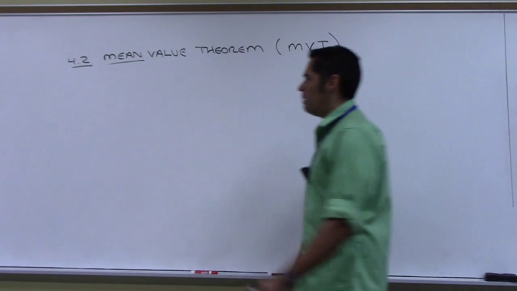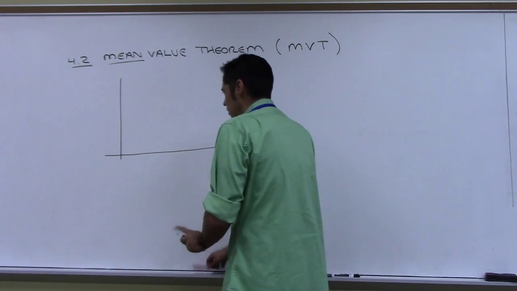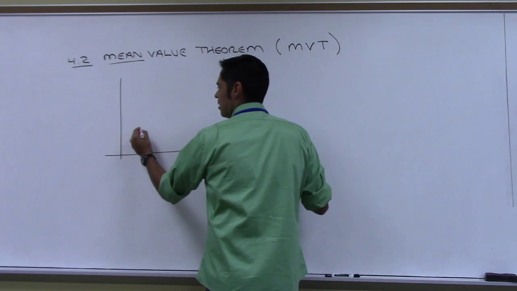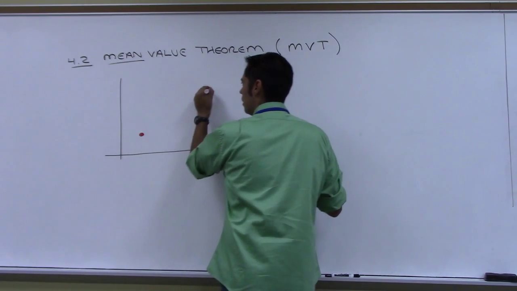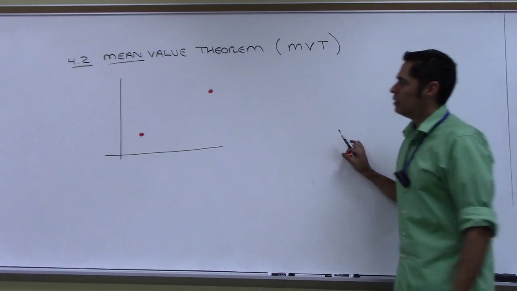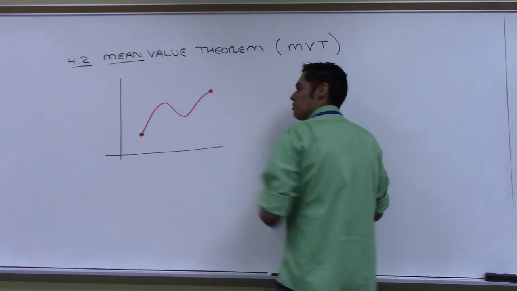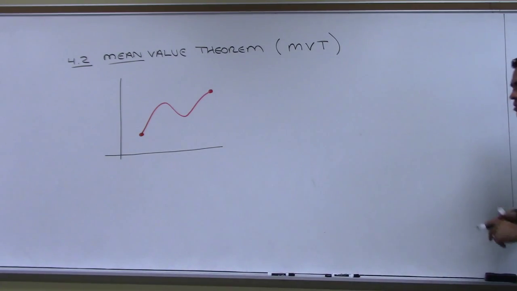I did a video on it, but I'll go through it. Let's say you have a function that is continuous, connecting 2 points together. What happens in between really does not matter too much. As long as it's continuous, I can draw it without picking up my pencil.